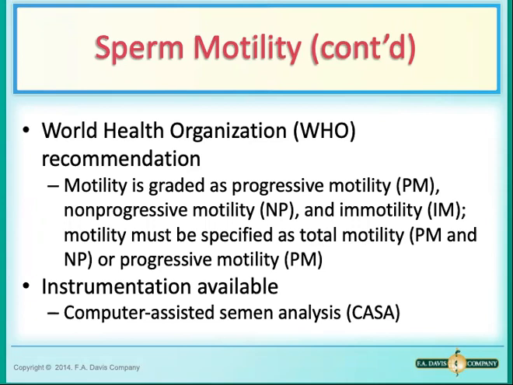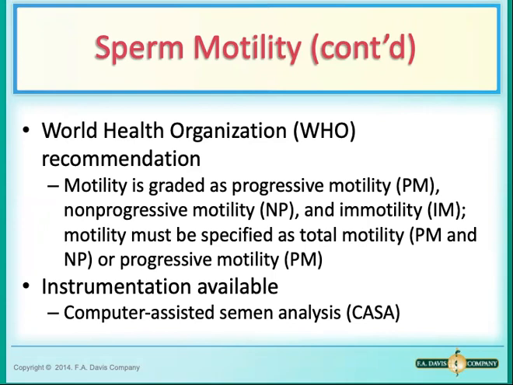There is an actual manual for this provided by the WHO, the WHO Laboratory Manual for the Examination and Processing of Human Semen. That was released in 2010, and it recommends a simpler system for grading motility that doesn't include speed, because it is very difficult to standardize the reporting of speed. So this manual grades the motility as progressive motility, PM, non-progressive motility, NP, and immotility, which is IM.